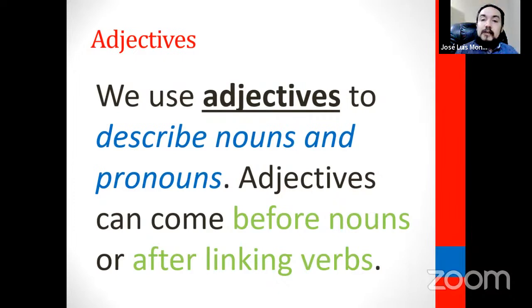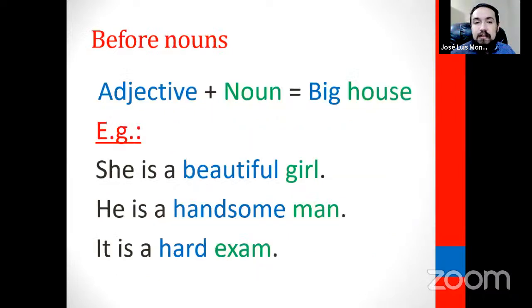So, adjectives, they describe nouns and pronouns. Adjectives can come before nouns or after linking verbs. Let's take a look at that. Adjectives before nouns are very basic. This is what we know. Big house, right? She's a beautiful girl. He's a handsome man.